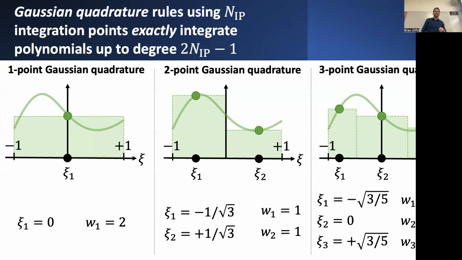Gaussian quadrature is an optimal form of quadrature, or numerical integration, which exactly integrates any polynomial function up to some particular degree, where that maximal degree is proportional to the number of discrete integration points we choose. So for example, suppose I chose the classical one-point Gaussian quadrature.